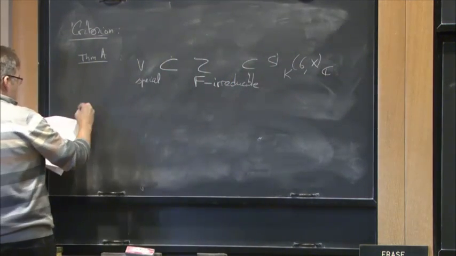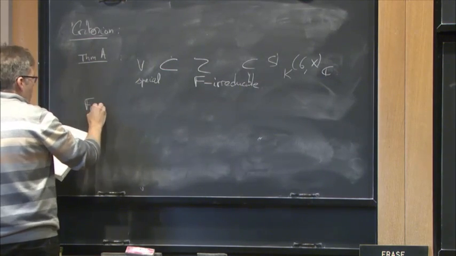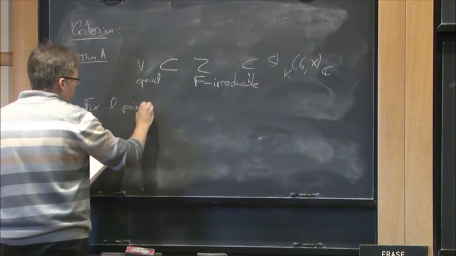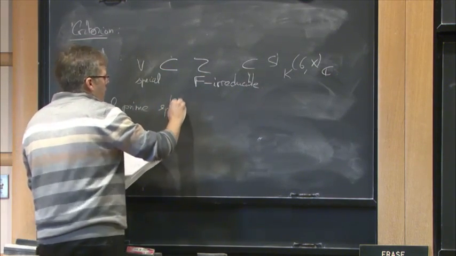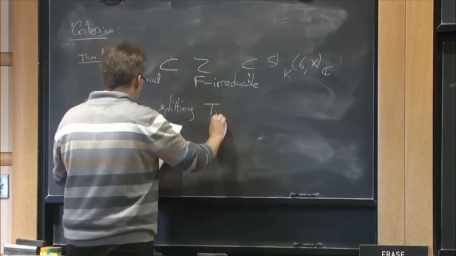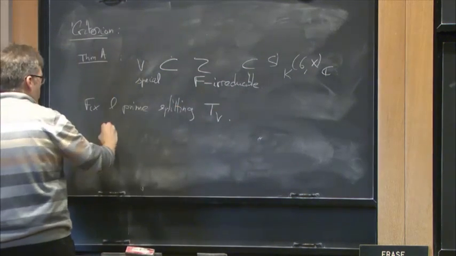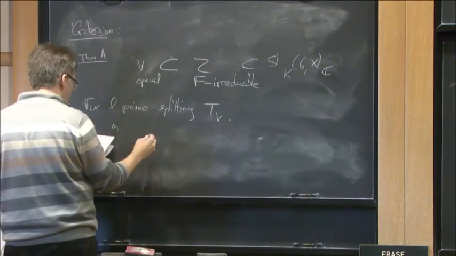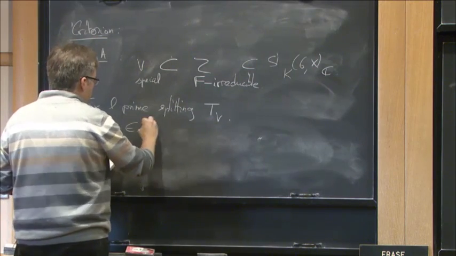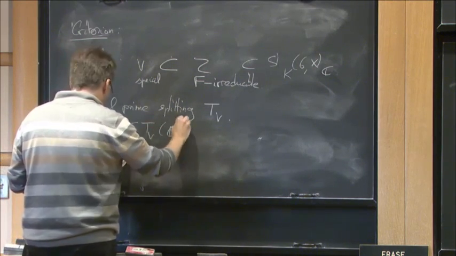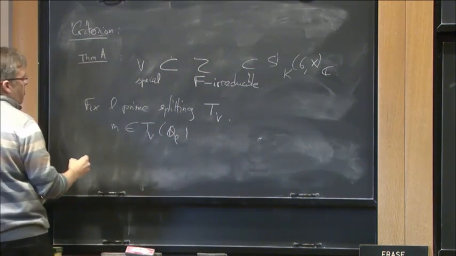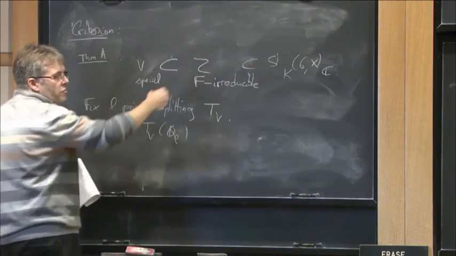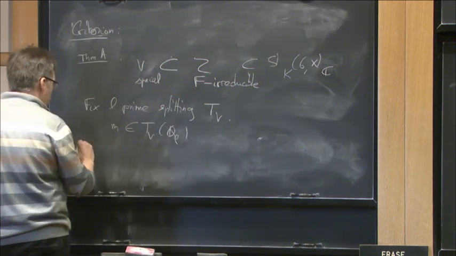Then the claim is: fix L prime splitting this torus TV, and take a Hecke correspondence at that place, so in this torus. And now I give you a criterion to say that there is a V prime bigger than V contained here. The criterion is the following.